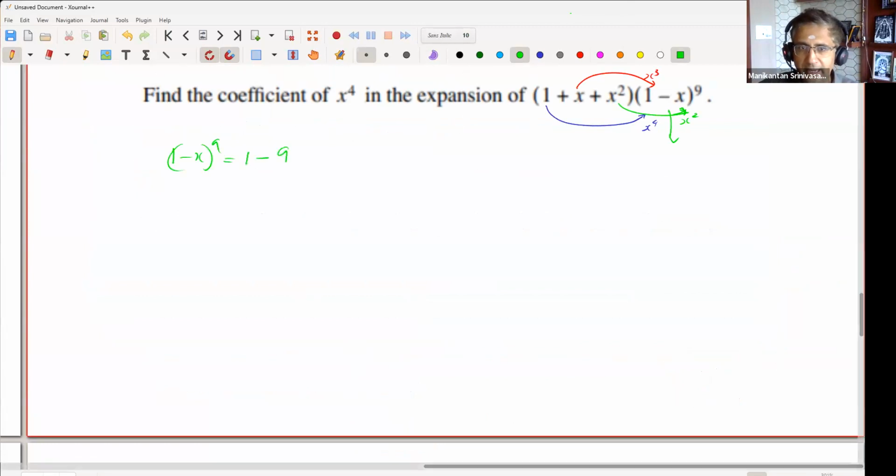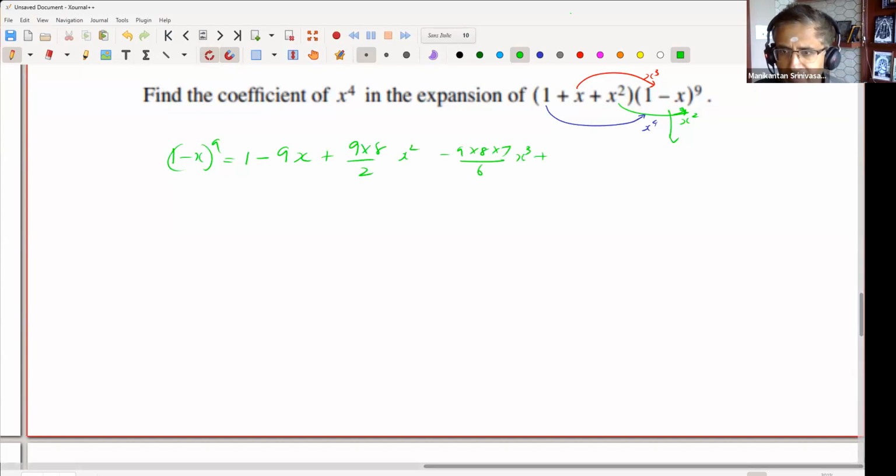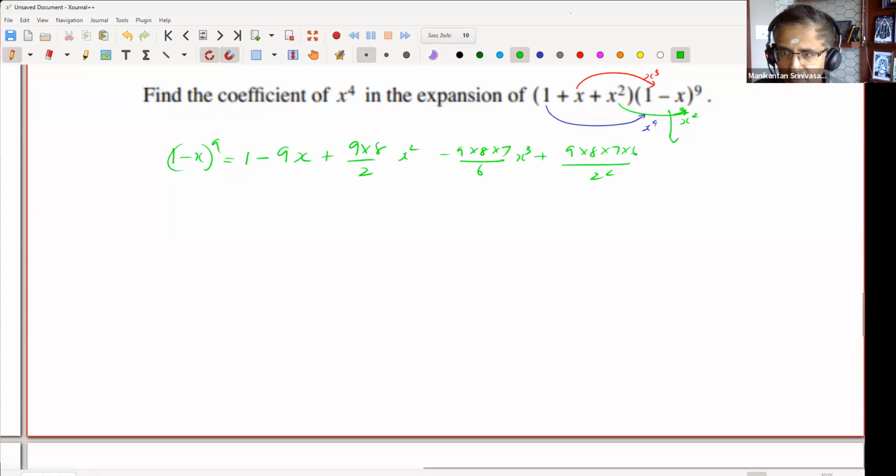So this guy, 1 minus x whole power 9, would be 1 minus 9x, plus 9. Okay. So you can treat it as either 1 minus x, or you can treat it as 1 plus minus x, either way. So the terms will alternate between positive and negative. So this will be x square, x cubed would be this. x power 4 would be, we need x power 4, and that's the last, right? 9 8 7 6 by 24, 4 factorial, x power 4.